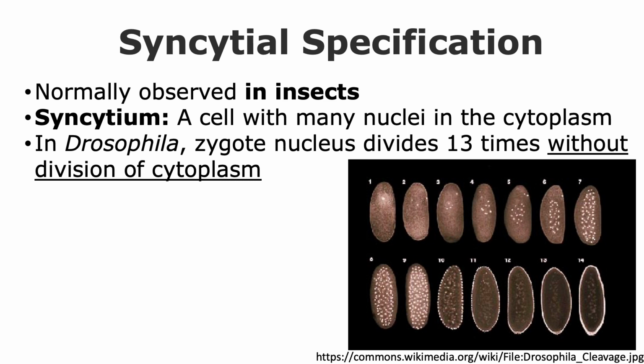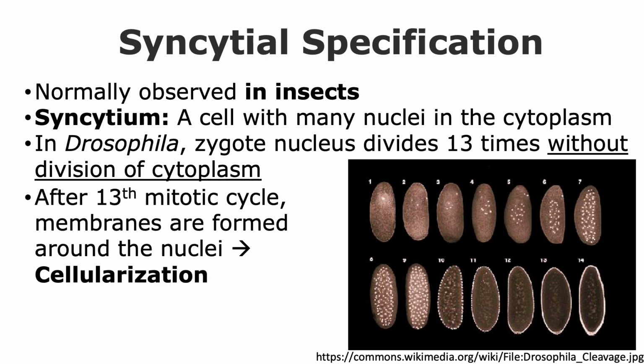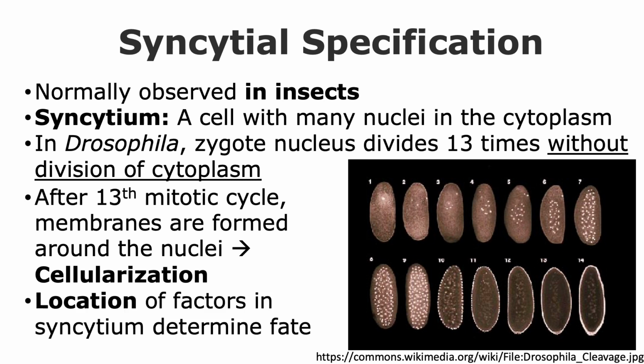Thus, you end up with a cell that has a cytoplasm with many different nuclei. After the 13th mitotic cycle, membranes are formed around the nuclei, and this process is called cellularization. The location of nuclei and cytoplasmic factors will determine the fate of these nuclei in the syncytium.